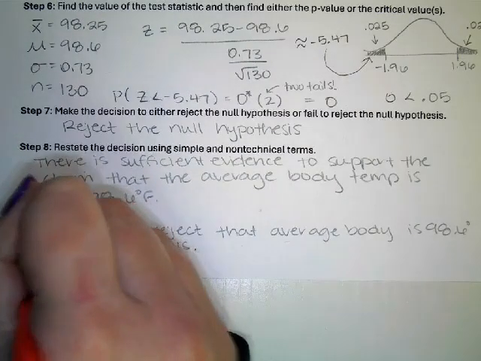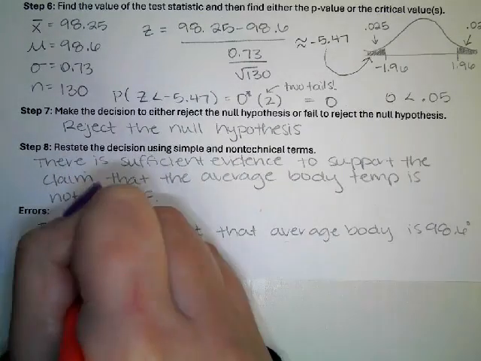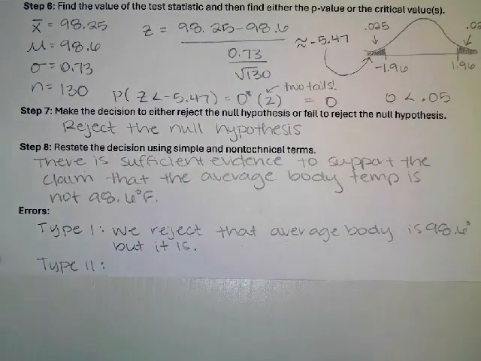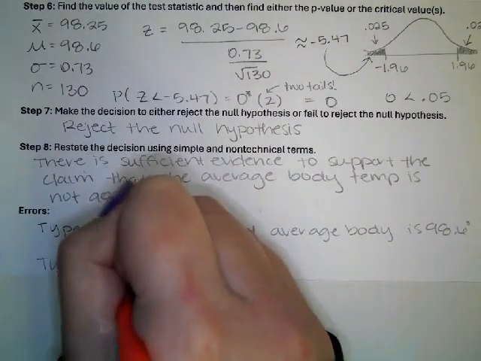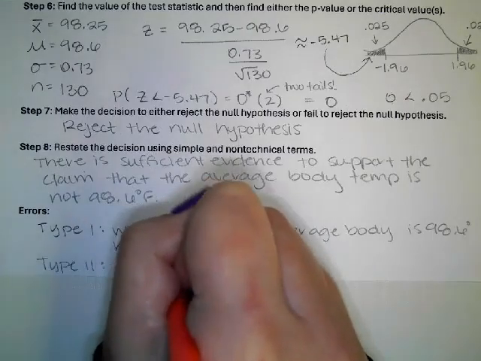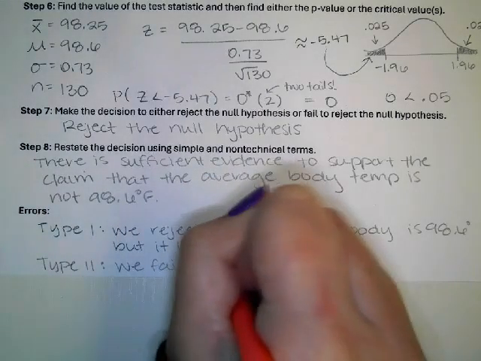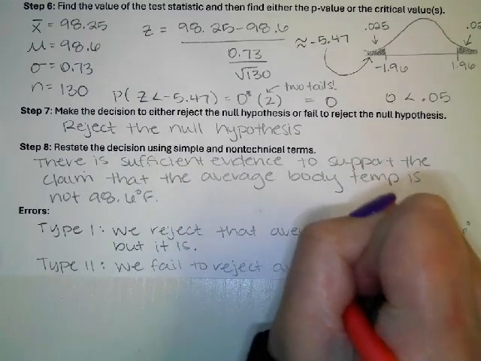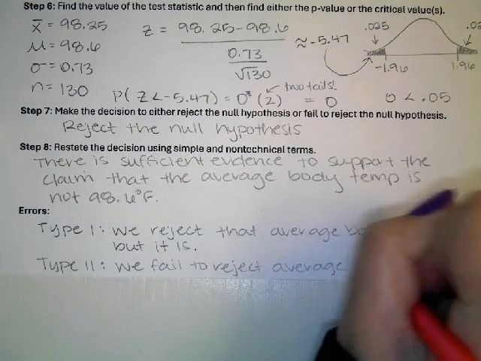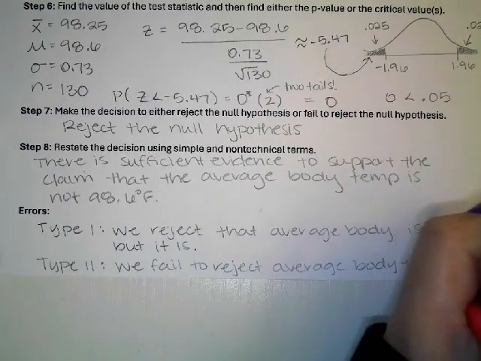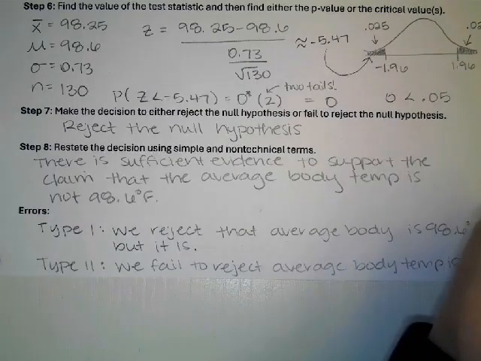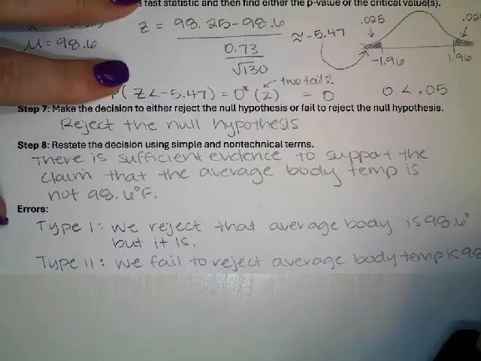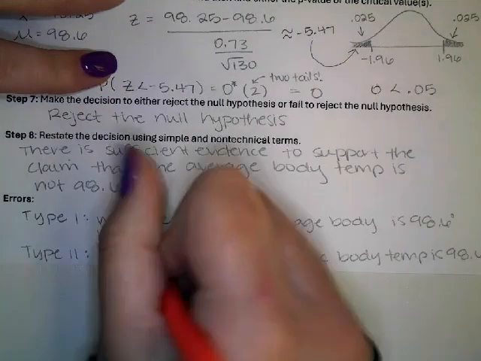And a type 2 error would be you fail to reject a false null hypothesis. So we fail to reject that the average body temp is 98.6, but it's not.